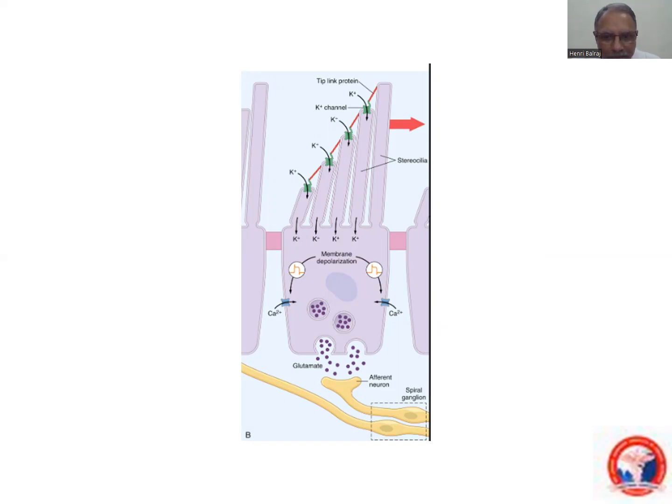This glutamate opens up sodium channels to cause depolarization and impulse generation in the initial segment of the afferent nerve. This moves down to the spiral ganglia, and it causes impulse traffic in the cochlear division of the vestibulocochlear nerve.